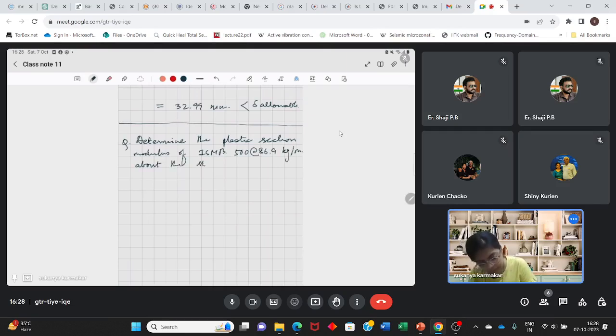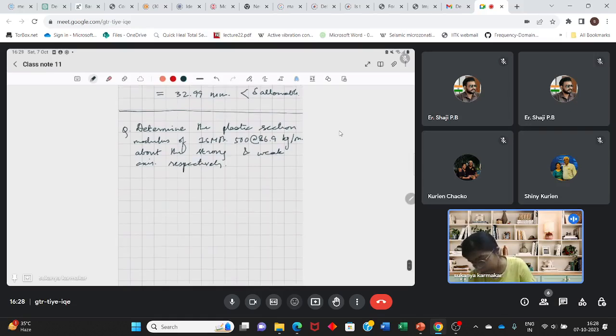Let me recap it. So the properties are D is equal to 500 mm, B_f is equal to 180 mm, T_f is equal to 17.2 mm, and T_w is equal to 10.2 mm.